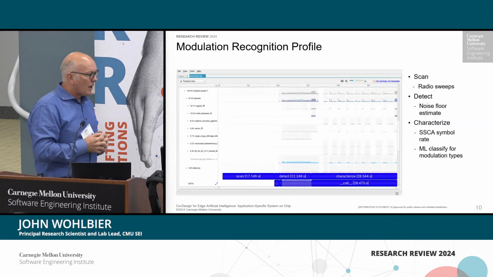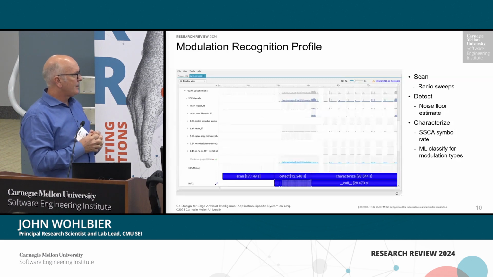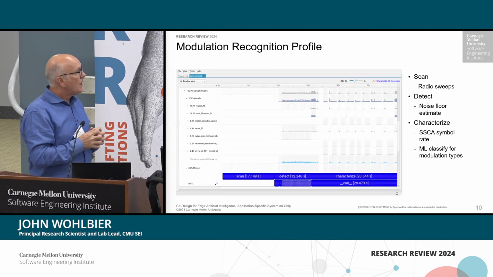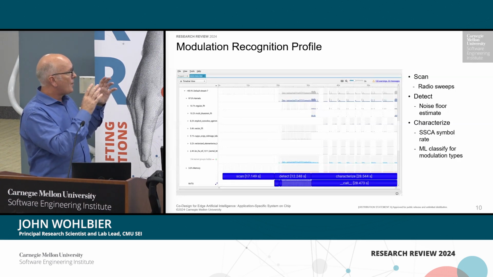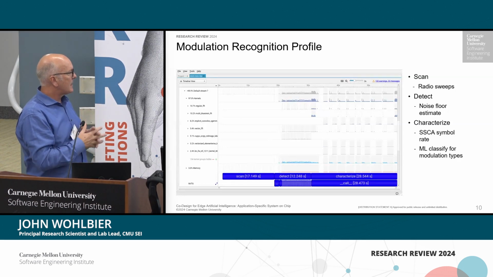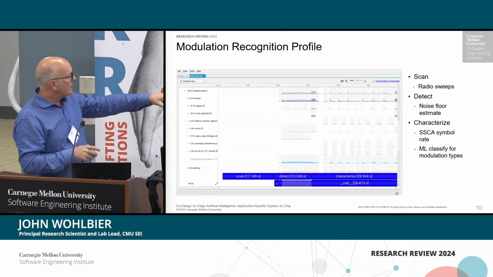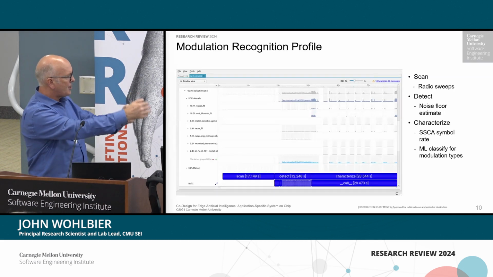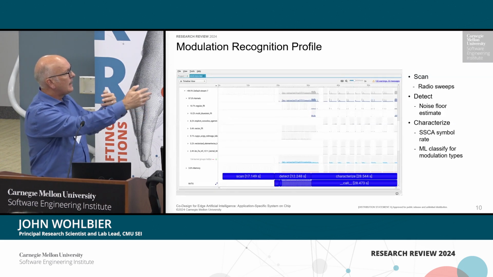So we want to profile this application. Maybe I should have had these in the reverse order, but we want to figure out where the time is spent in this application. If you look on the lower left, not the bottom row but the one up, you see 3 big chunks: scan, detect, and characterize.